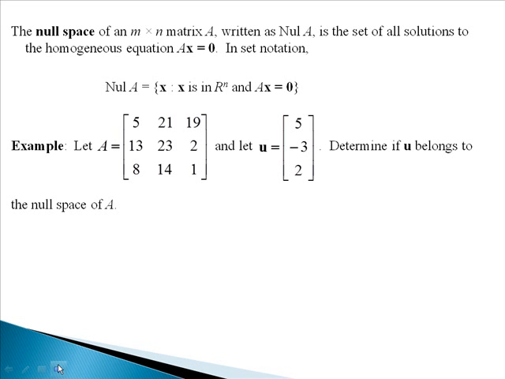Here we've got a matrix A, a 3 by 3 square matrix, and a vector u. We want to determine if our vector u belongs to the null space of A. So remember, the null space is the set of solutions to the homogeneous equation Ax = 0.